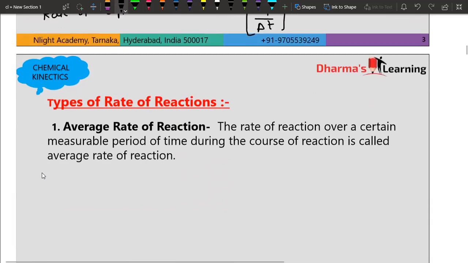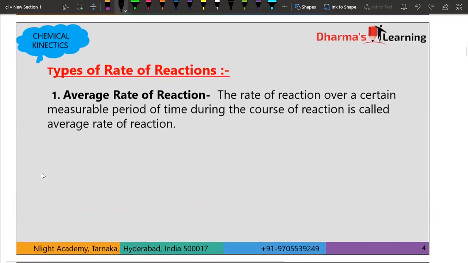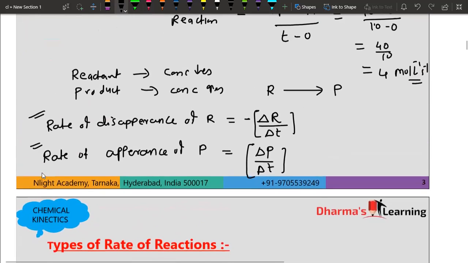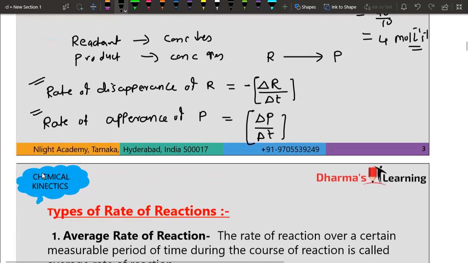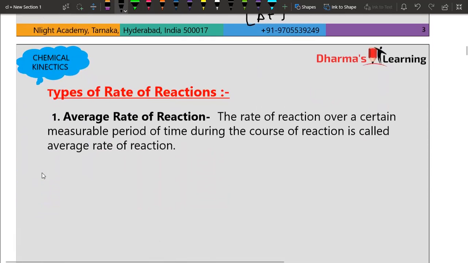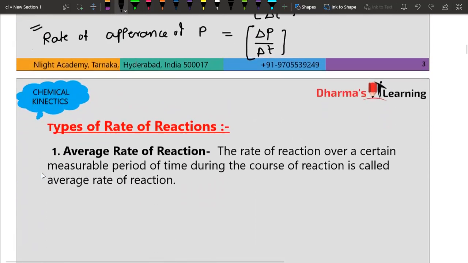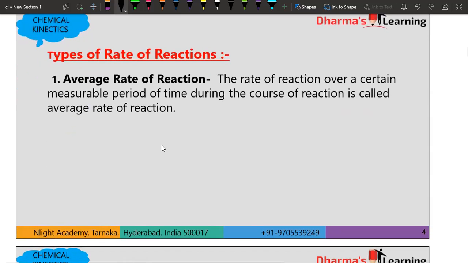Okay, now let's talk about what the unit will be. First we'll discuss the unit of rate, then we'll go for the types of rate of reaction. Now see here, the unit of rate of reaction.